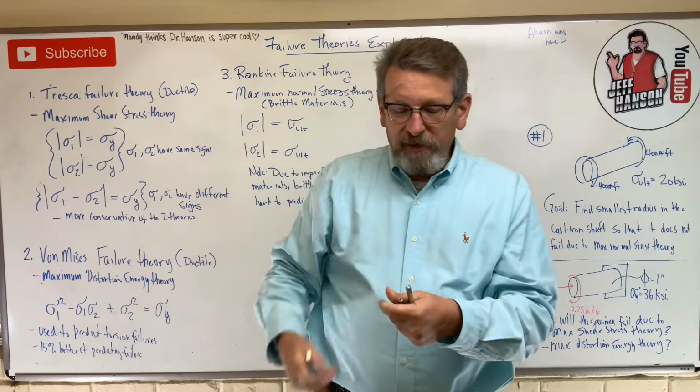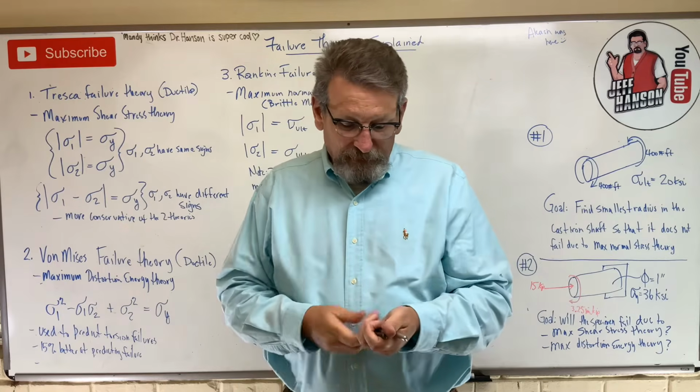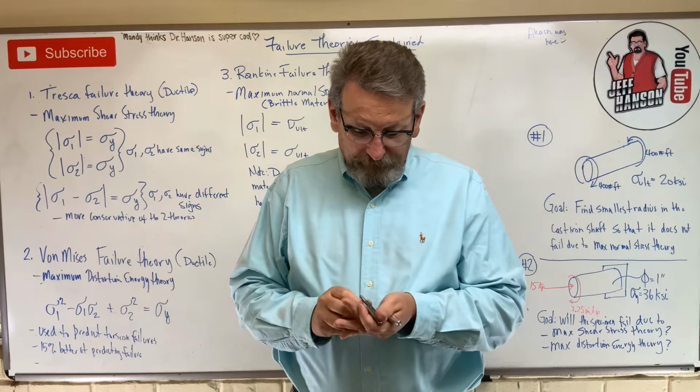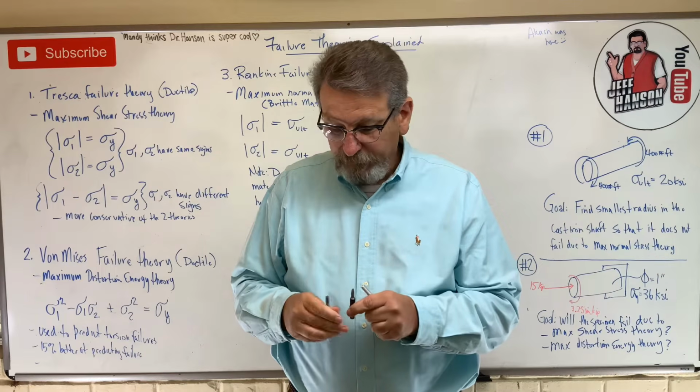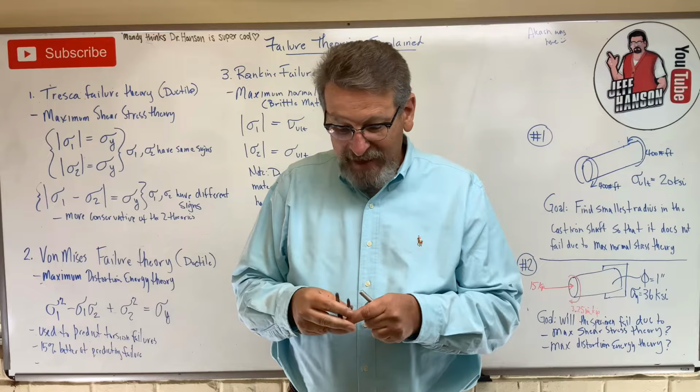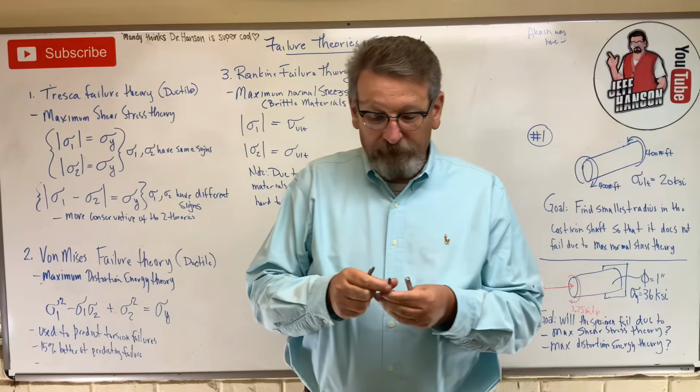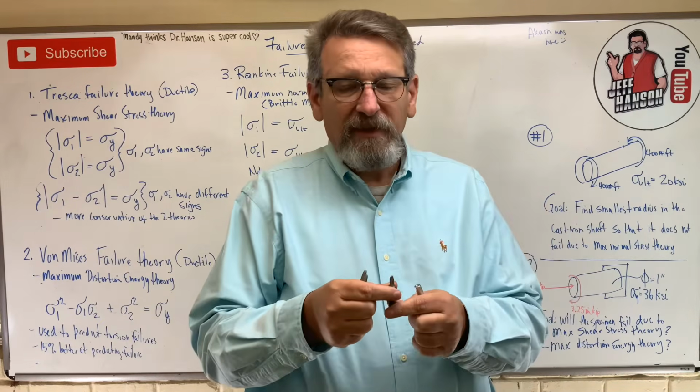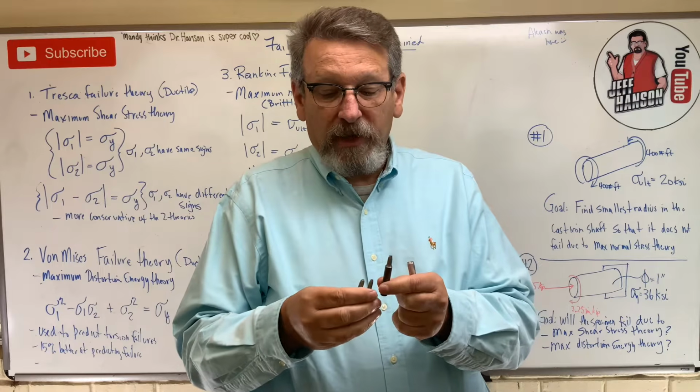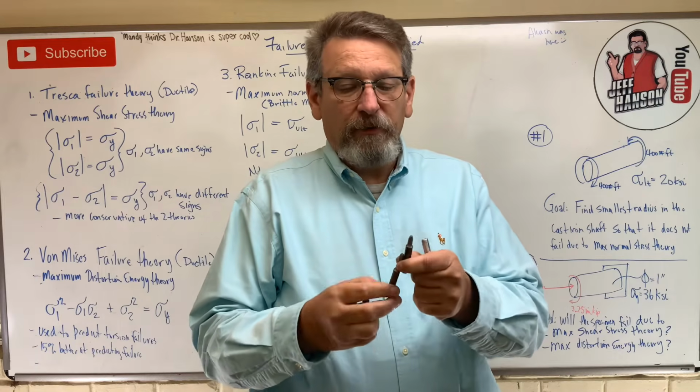Isn't that cool? Now for ductile materials, they don't tear exactly like that on a 45-degree angle. I don't know if you're going to be able to see this or not. Maybe. I've got a few examples here. This one's a little bit better. They fail on what's called a cup and cone failure, okay?